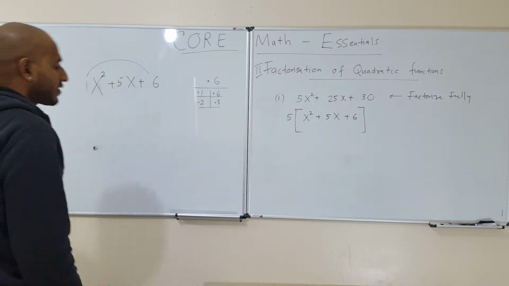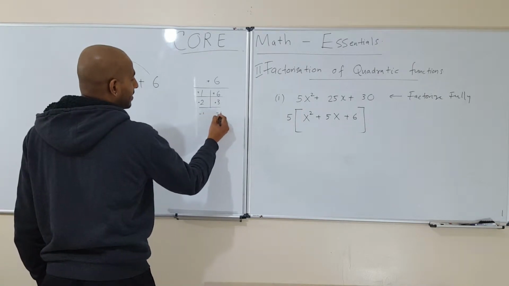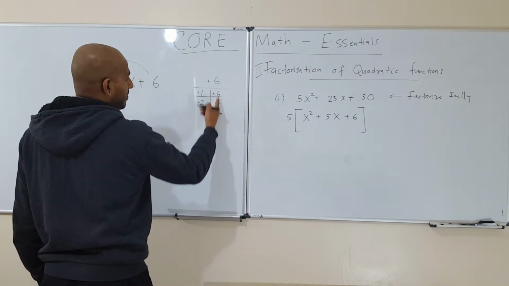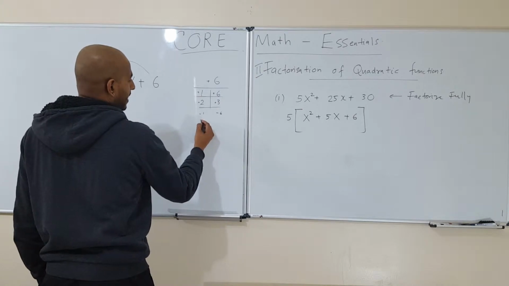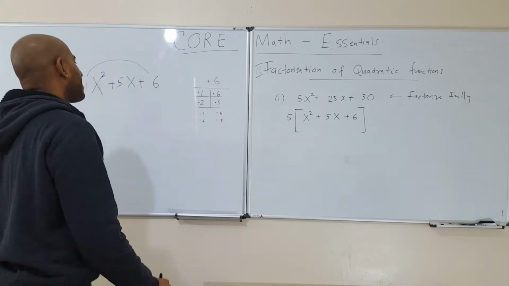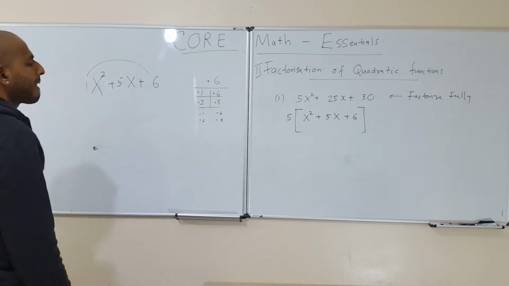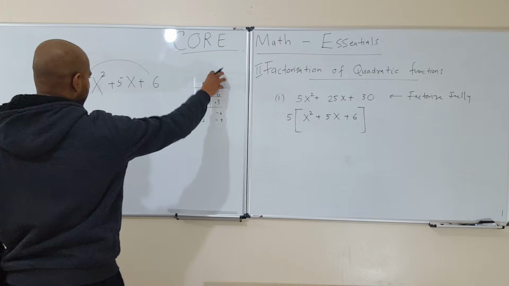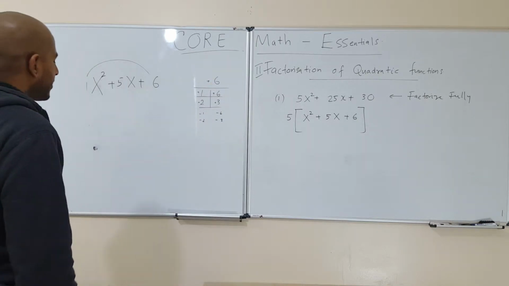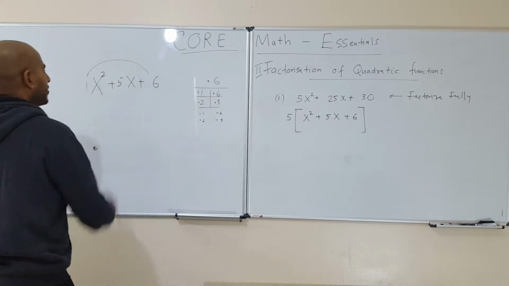If you write like this, you can also write other things, like minus 1 times minus 6, because minus 1 times minus 6 is plus 6 as well. Minus 2 times minus 3 would also be plus 6. Now, there are 4 pairs, isn't it? 4 pairs of possibilities to give us plus 6. However, let's see how many pairs can actually yield 5 when you add them together.